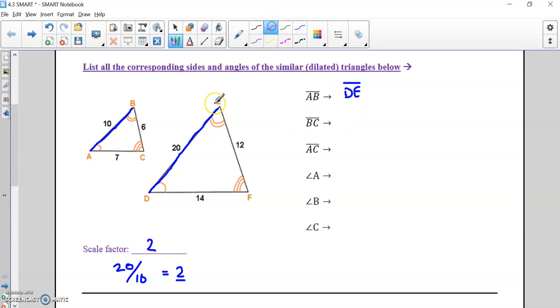Side BC, right here, corresponds with side EF. Right, those are the matching sides. All right, and my last side here, side AC, kind of an ugly line. Side AC matches with side DF because DF is what you get once you scale AC by the zoom factor.